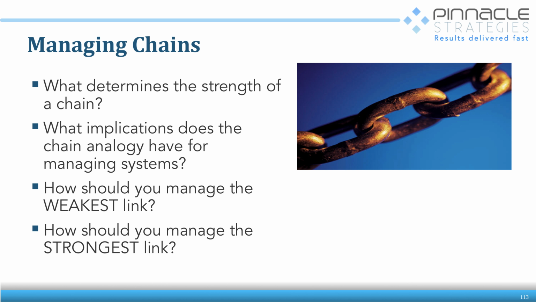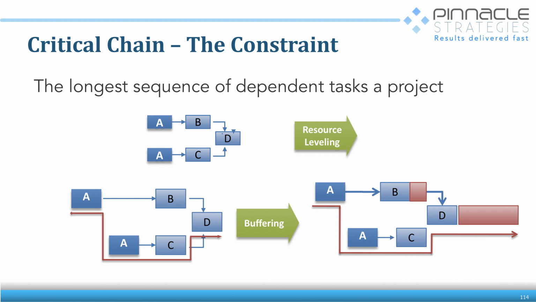The strongest links get less attention. So this is why the critical chain, when we think about the critical chain in a project, it is the constraint, the weakest link. Essentially, it's the longest sequence of dependent tasks that are in a project, right? So some ways to think about it is it's the critical path with resource leveling, right?